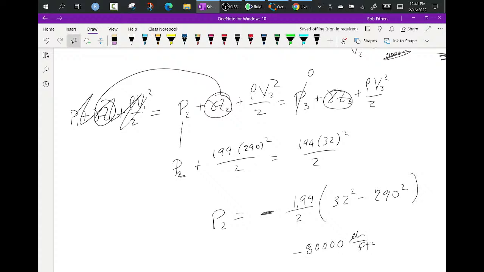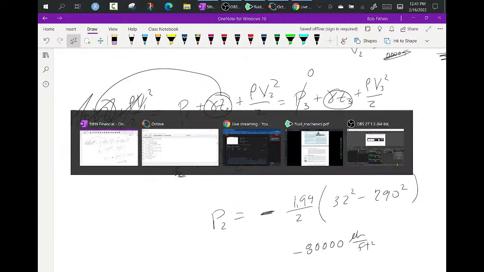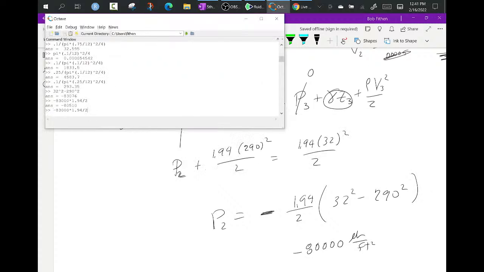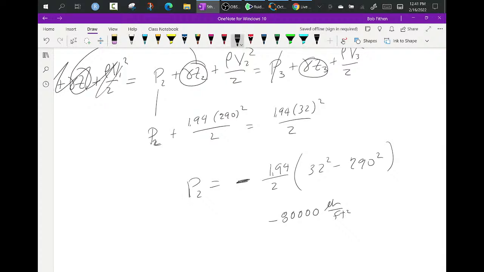This is completely outside of reality. The point is, it's a vacuum. Now, why is this outside the realm of reality?